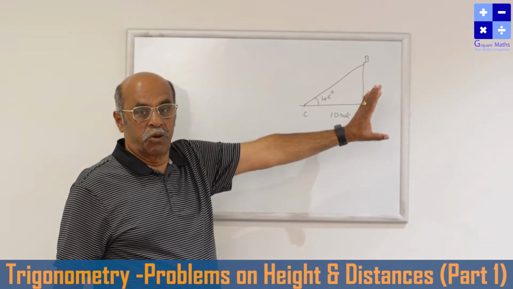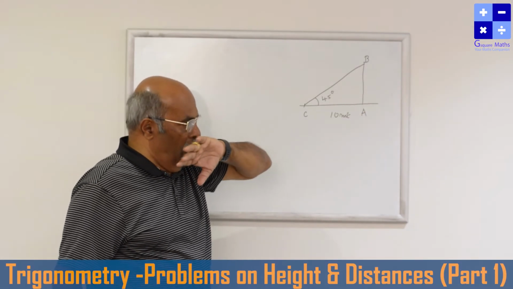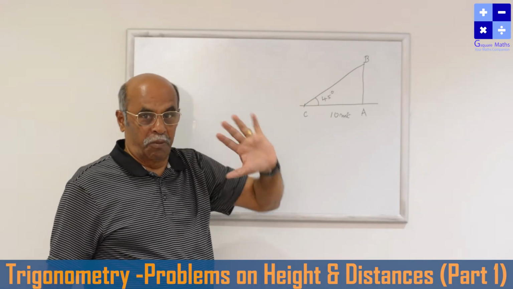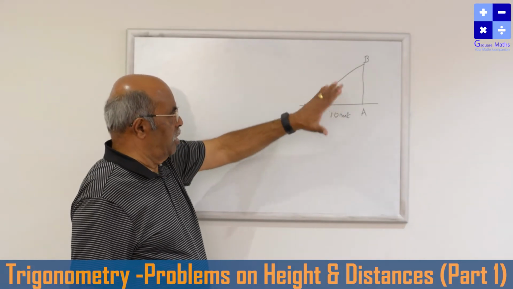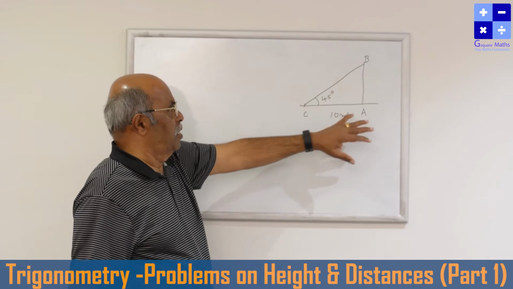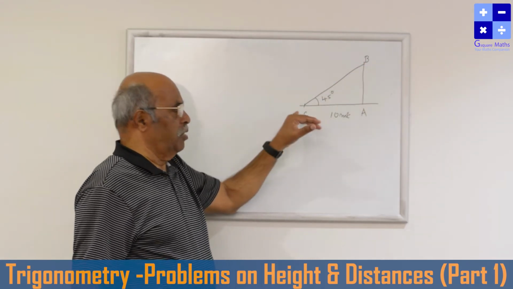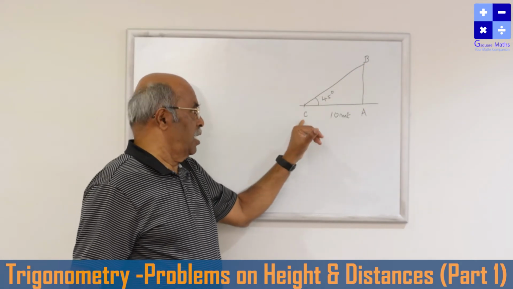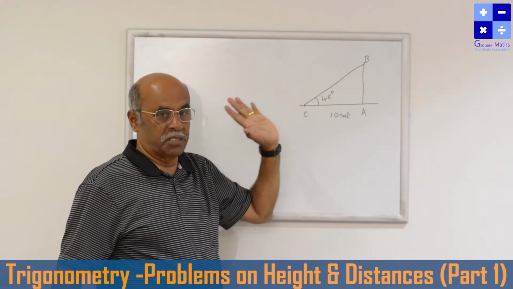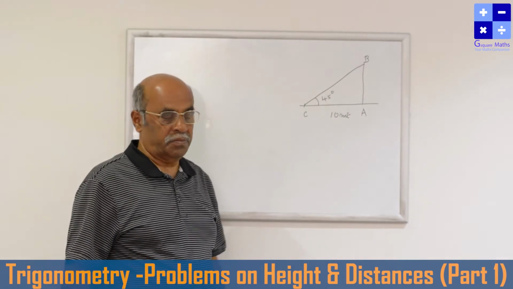In the examination, you have to write it. Without writing what is what, don't start the problem. Simple narration: let AB be the tower, let C be the position of the observer, and let the distance AC be equal to 10 meters. That's all. Not more than that.